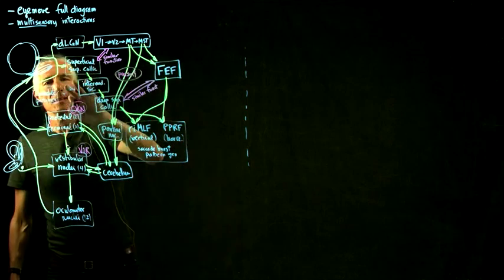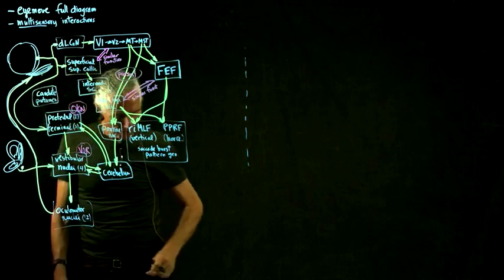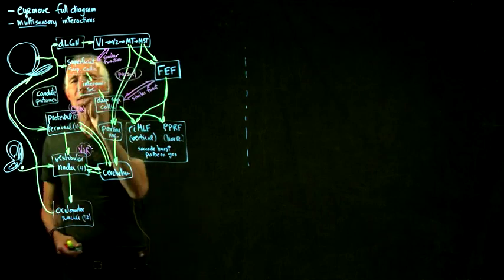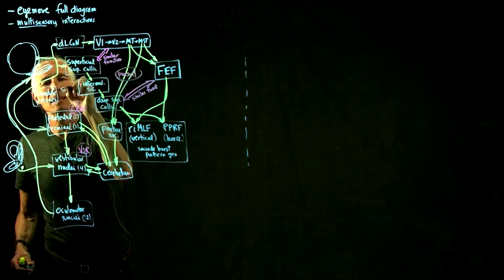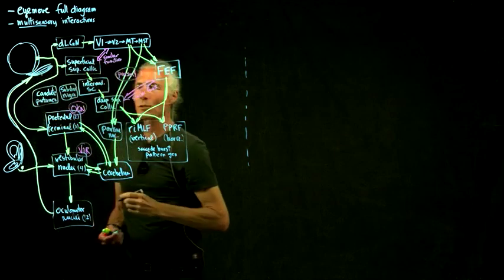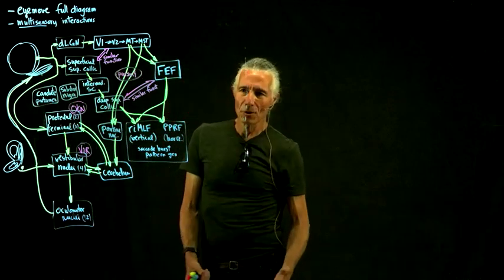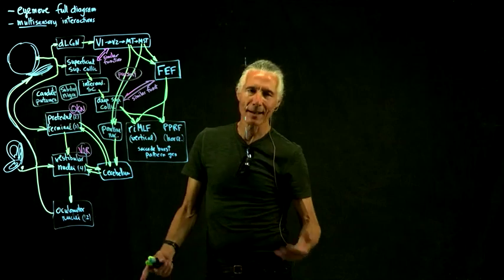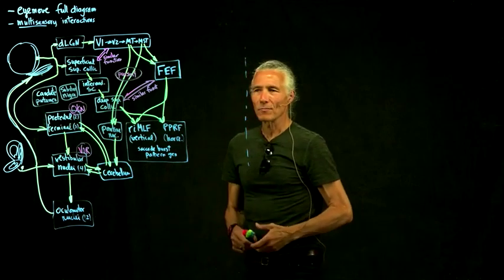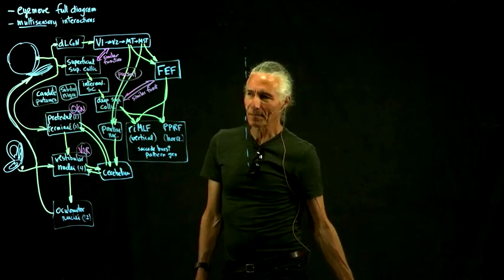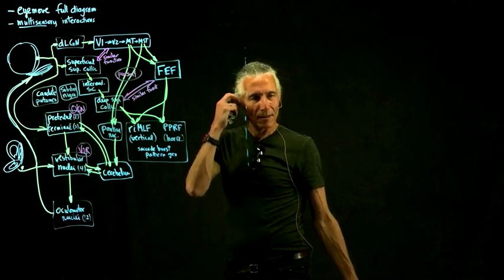Yeah, I'll leave that out. That also, in addition to projecting to the globus pallidus, projects to the substantia nigra, the black substance. And again, you associate the substantia nigra with reward because there's dopamine there, and antipsychotic drugs mess around with the dopaminergic input to different parts of the brain.